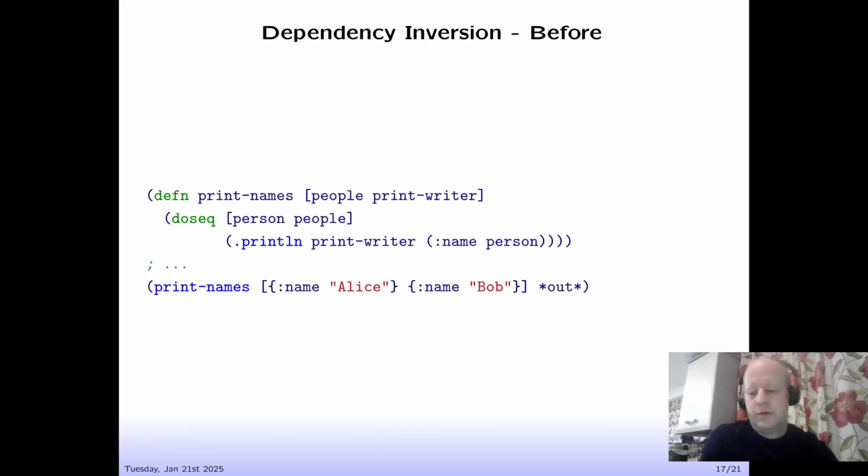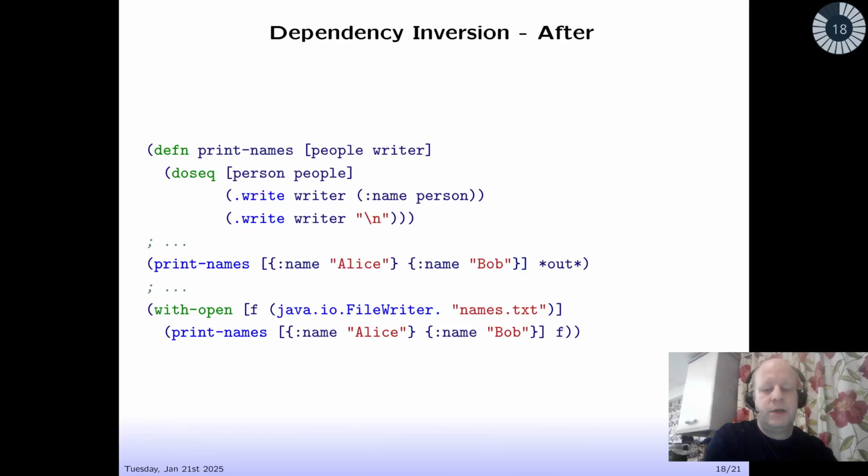However, it's possible and it's better to depend on a more abstract interface. So here we depend on writer, and the interface for writer is a bit more complicated. So we need to first write the name of the person and then write the new line character.